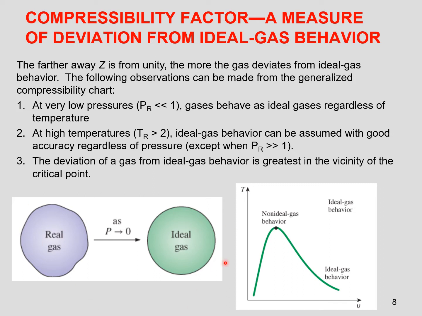So here are two graphics to illustrate most of this. A real gas, as pressure goes to zero, becomes an ideal gas. And as long as we stay away from the critical point, in these regions as illustrated here, at very high temperatures, or at very low temperatures but with very high specific volume, gases pretty much behave as ideal gases.